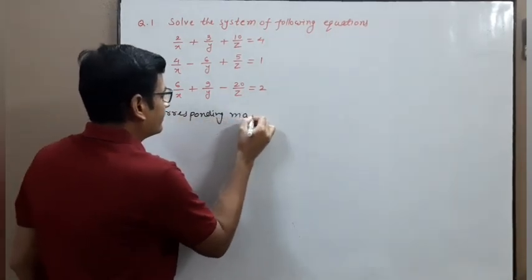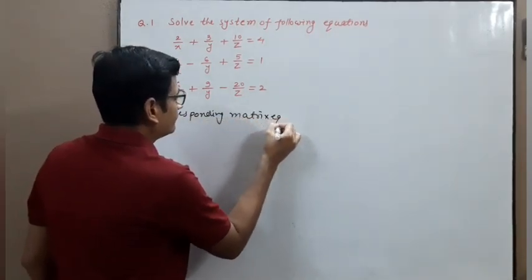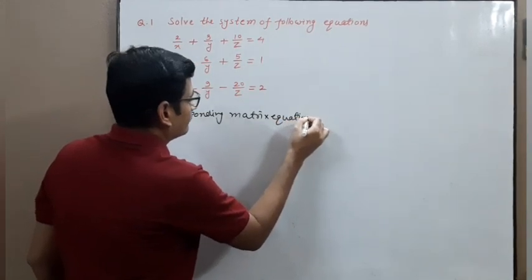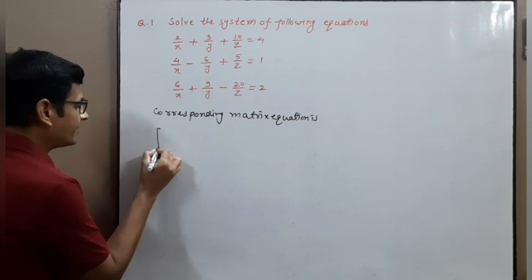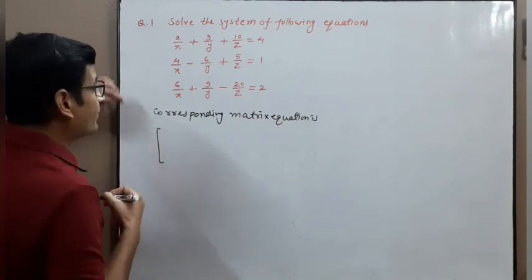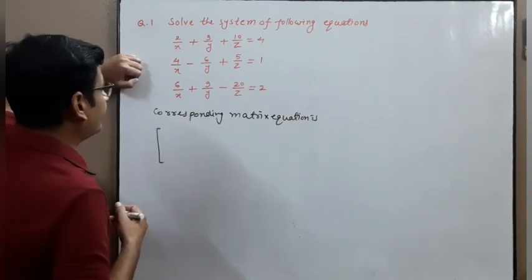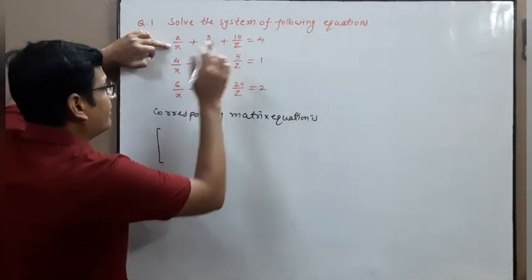matrix equation. In the matrix equation, in the first matrix we write the coefficients of 1 by x, 1 by y, 1 by z.